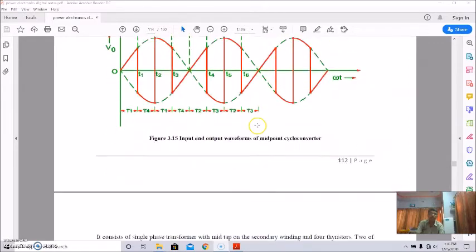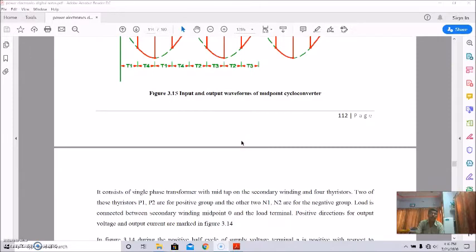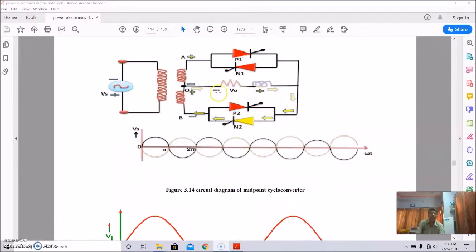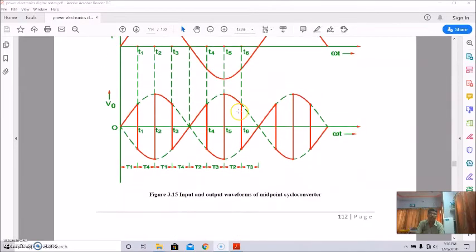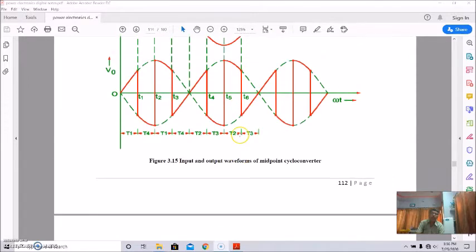Now, the load is connected between the secondary winding midpoint O and the load terminals. The positive directions for the output voltage and output current are also marked in this figure.